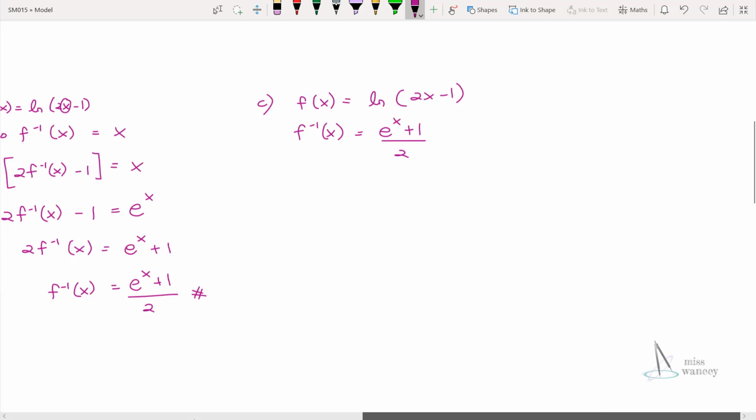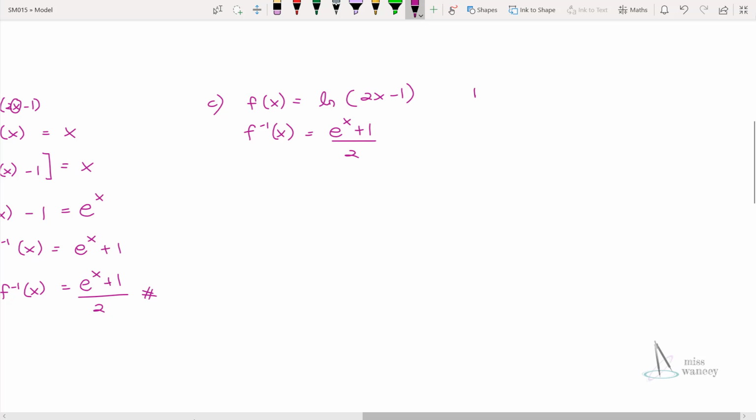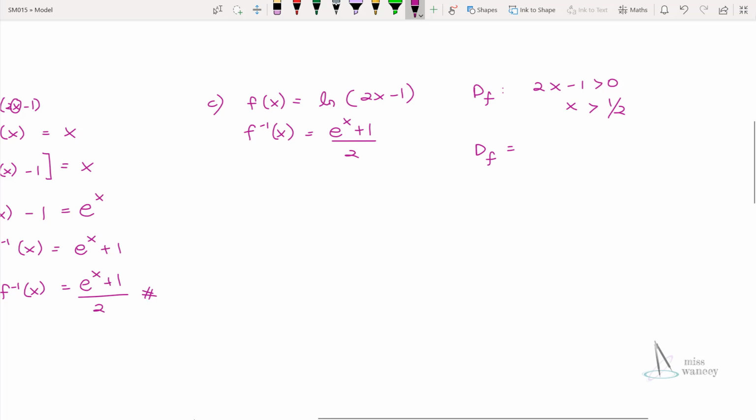Since this is a ln, I know that 2x minus 1 should be greater than 0, so x will be greater than 1 over 2. So the domain of f is actually equal to the range of f inverse, and this is half until infinity.